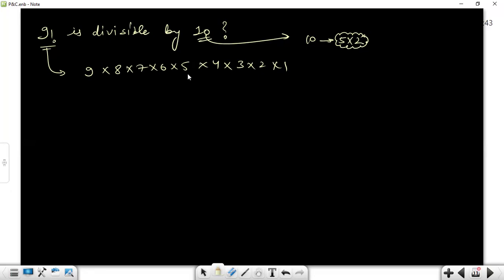Okay. So here there is a 5. Yes. There is a 2. Yes. And there are two twos more, like 4 can be written as 2 into 2. Right. So this is definitely divisible by 10. Now my point is, to find out whether some particular number is divisible by 10 or not, simply write its prime factorization.